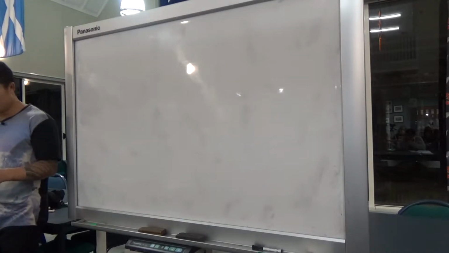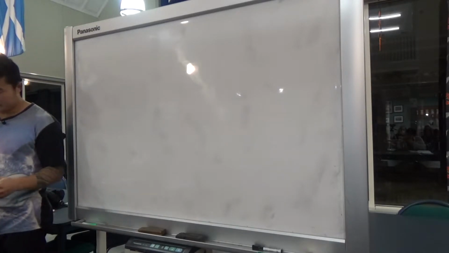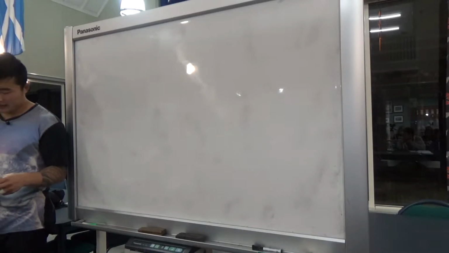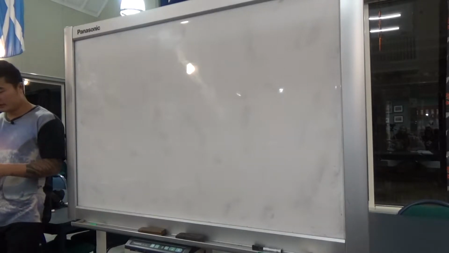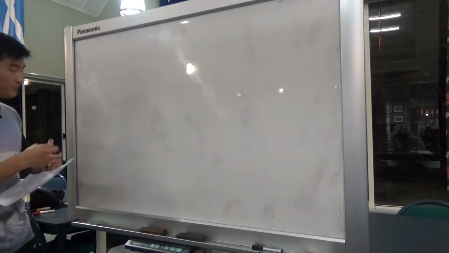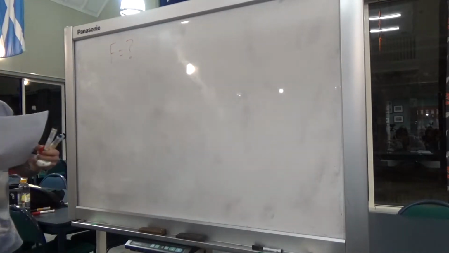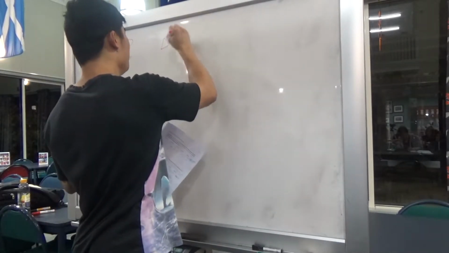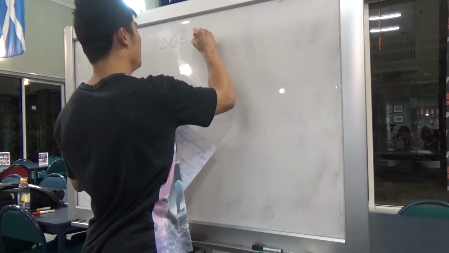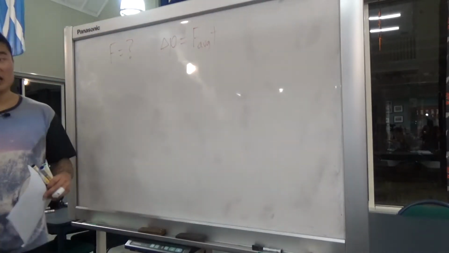So I'll show you 2 ways that you can do this. So first of all, what we want is the force, right? So the first equation that we can use is the change in momentum is equal to the average force multiplied by the time that it was applied for.